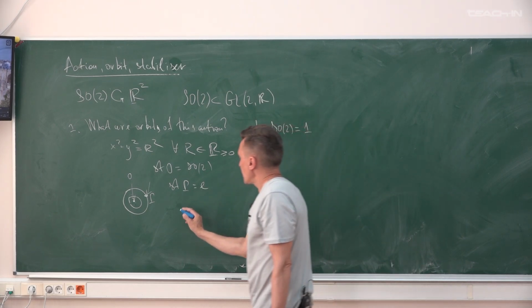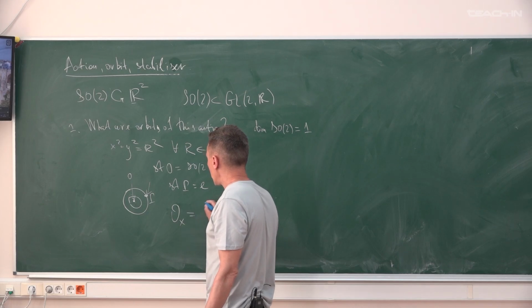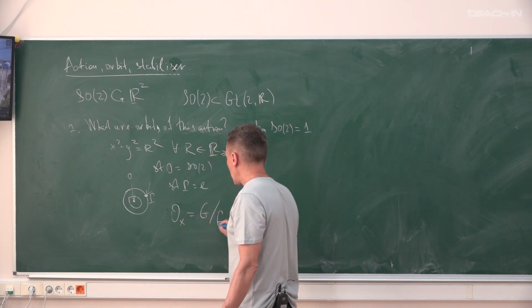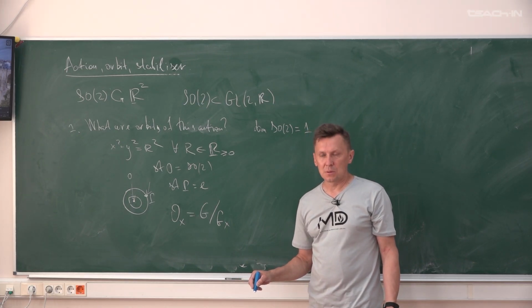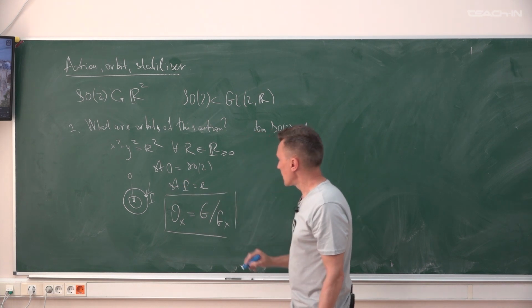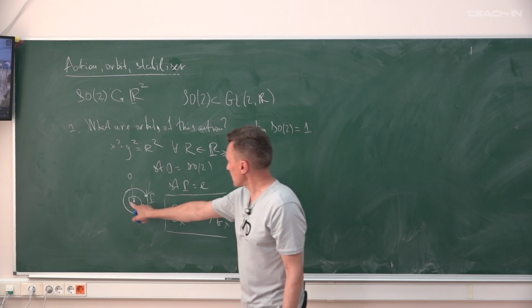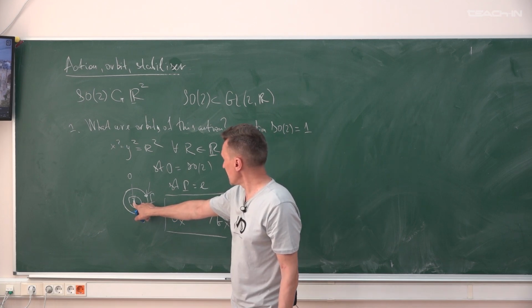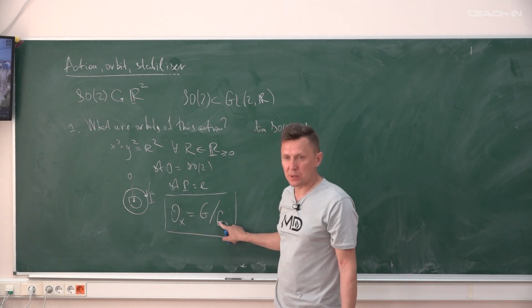There is also an identification of the group, the quotient of the group by the stabilizer. Okay? It's quite evident. And we see here that the group is S1 and the stabilizer is S1.